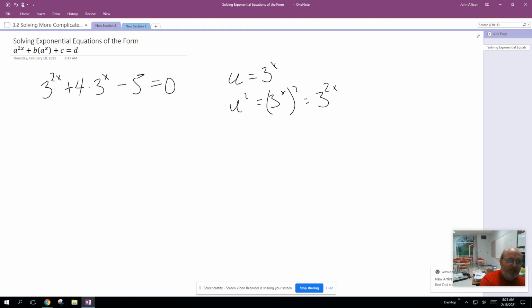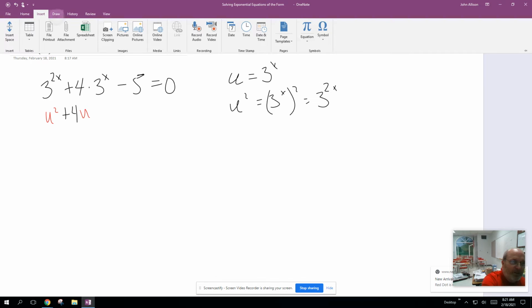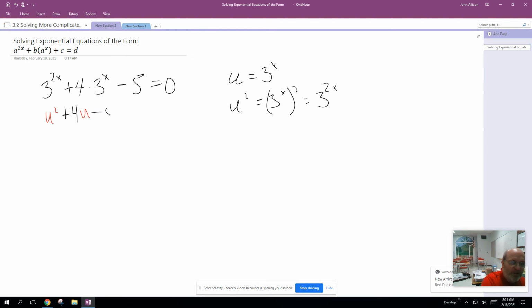And I can then make a substitution where I have u squared plus 4 times u minus 5 equals 0. And we're back in a quadratic equation.